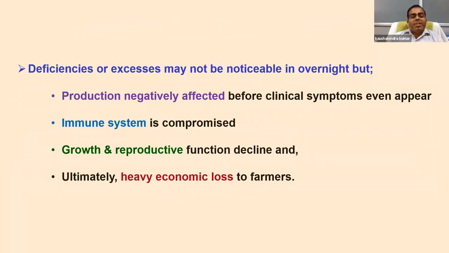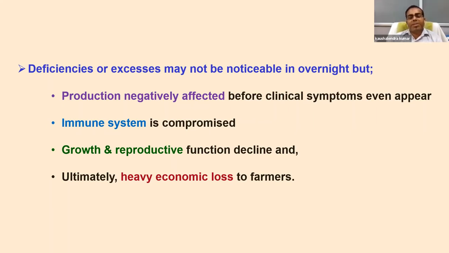Now, what is associated with the deficiency and excess of minerals? We should remember that the condition of deficiency and excess will not be noticeable overnight. These are not acute cases; it will be a chronic case.